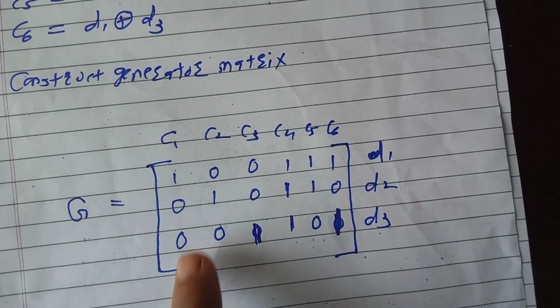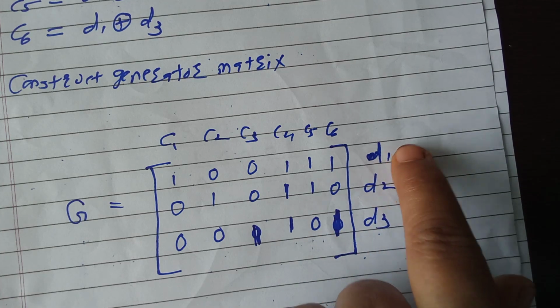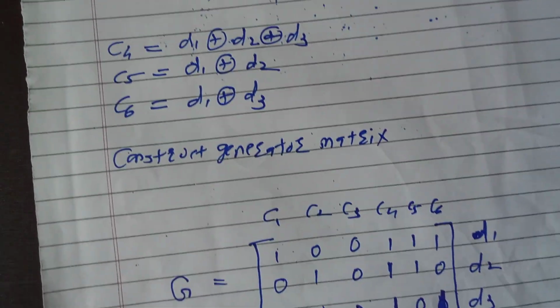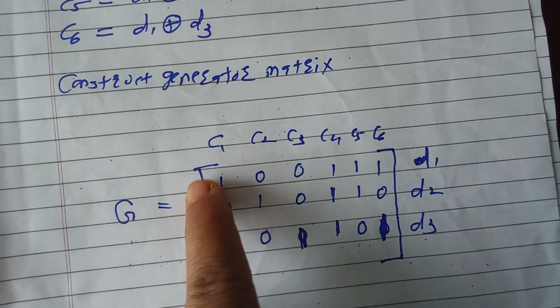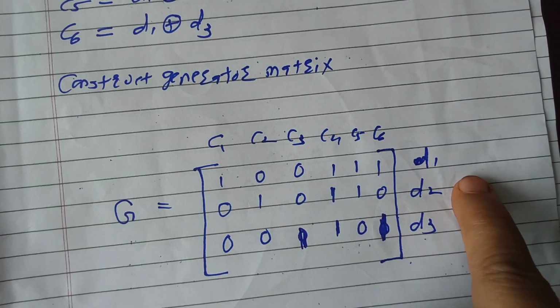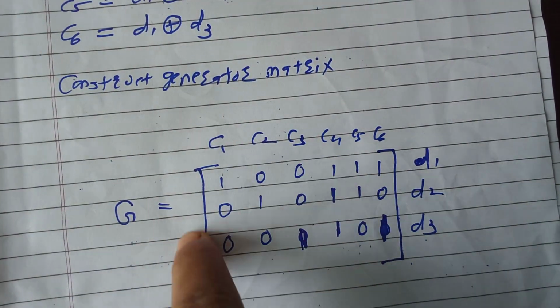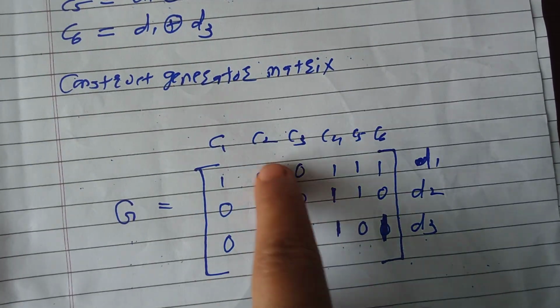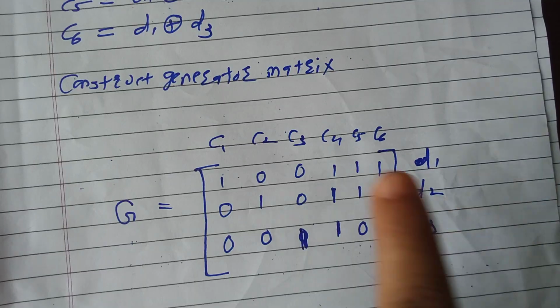So the columns are 1, 2, 3, 4, 5, 6, and the rows are 1, 2, 3. We have already seen that C1 corresponds to D1, C2 corresponds to D2, C3 corresponds to D3. So this is an identity matrix of dimension 3 by 3. It is 3 by 3 because the number of message bits is 3.